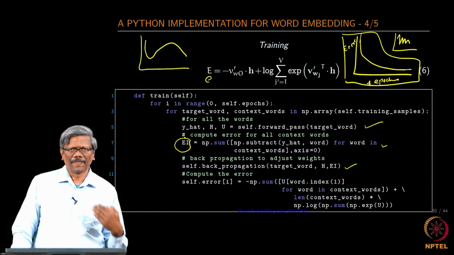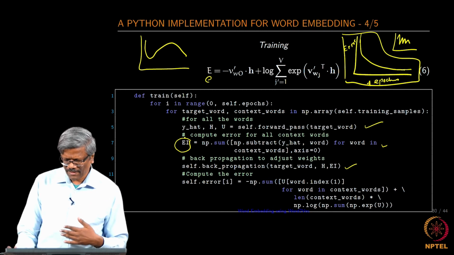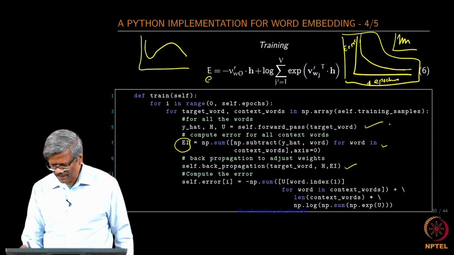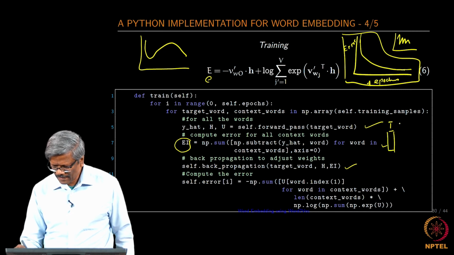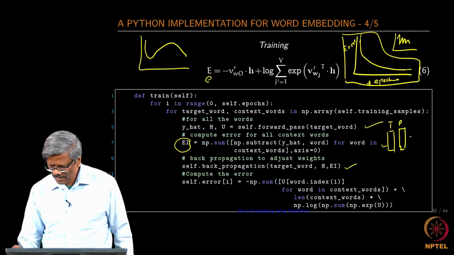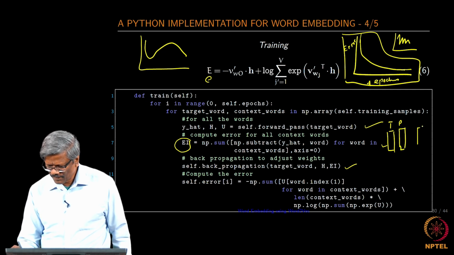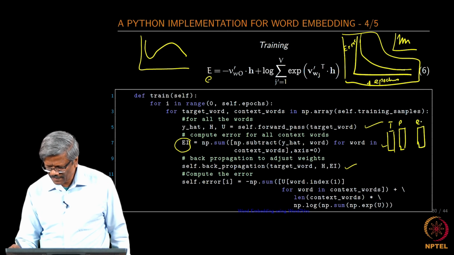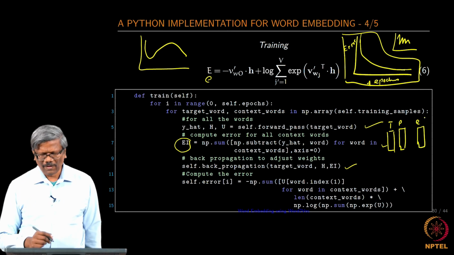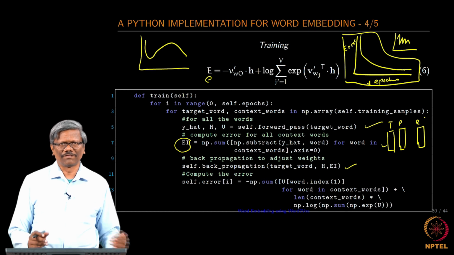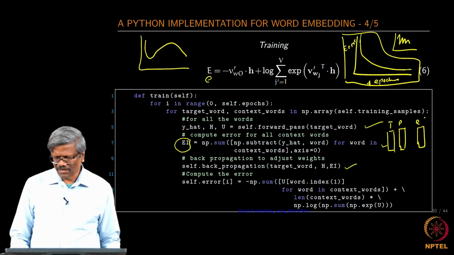You remember in the first slide when I was talking about we have the target, and then this is the predicted value, and then we found the error for a bigram where we have only one target word and the context word.